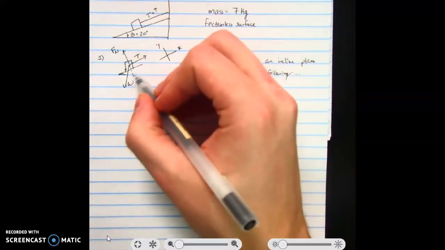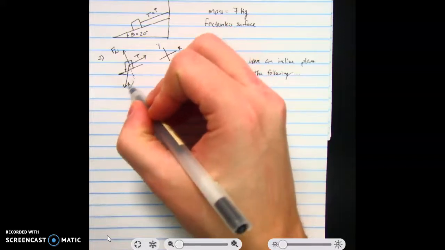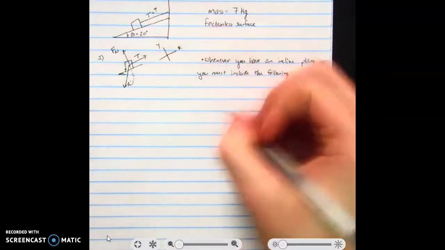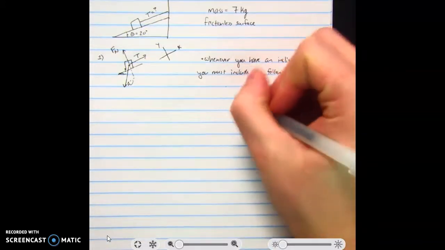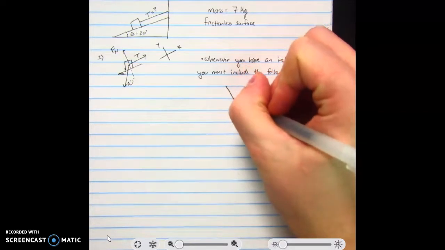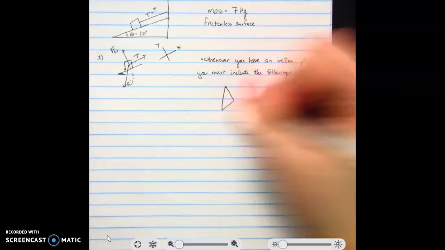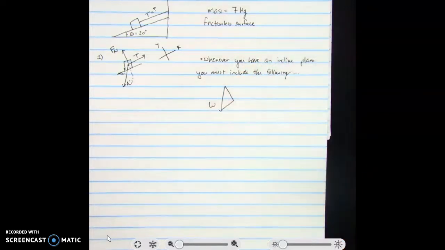And then draw another line that goes along the slope, and we get this, which is kind of hard to see, so I'll redraw this out. We get something that looks like this.